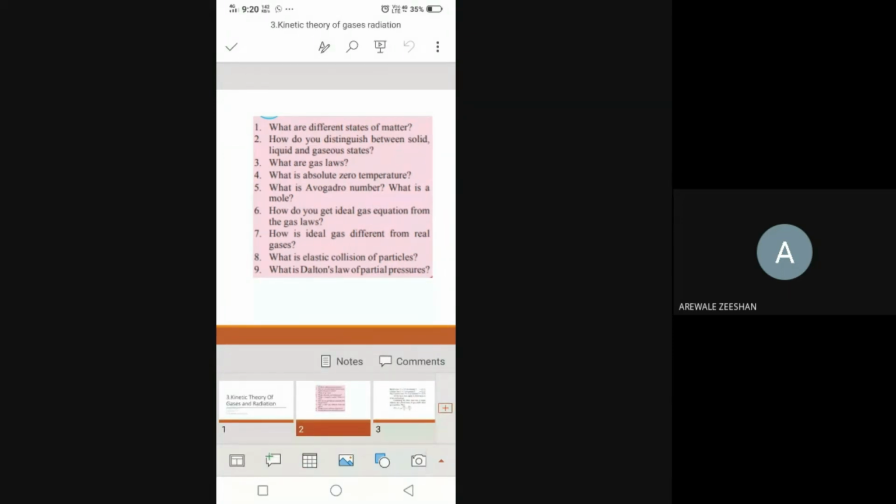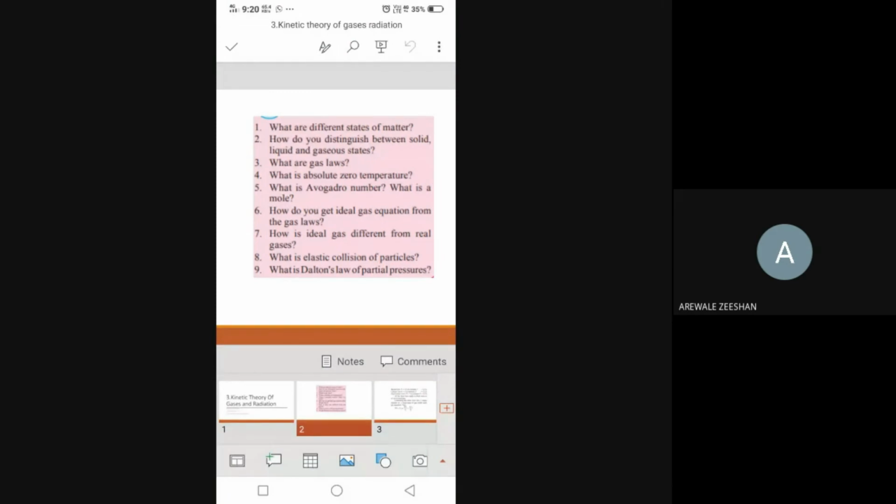What is the pressure of a gas, what is the volume of the gas, and what is the absolute temperature of a gas, right? So PVT, pressure, volume and temperature, are important properties of the gas, and one more thing, internal energy, U. What are gas laws?